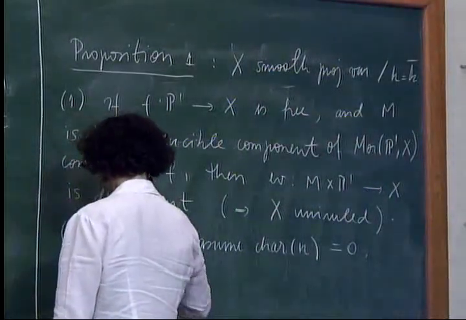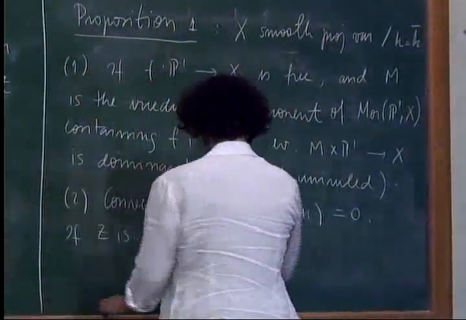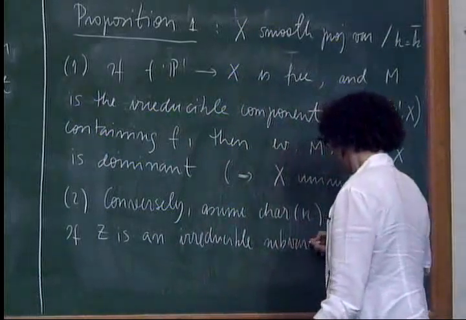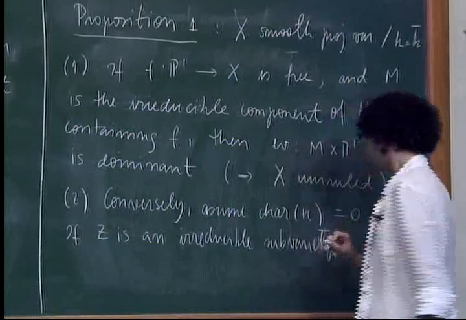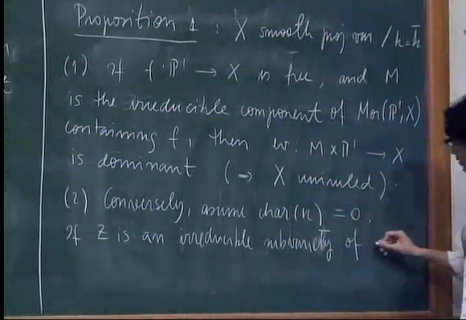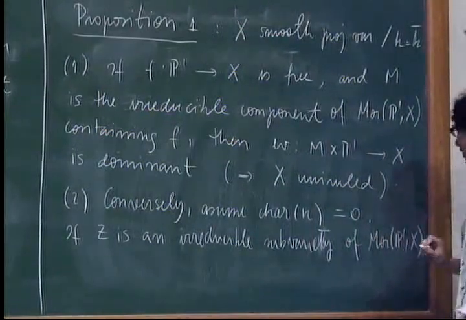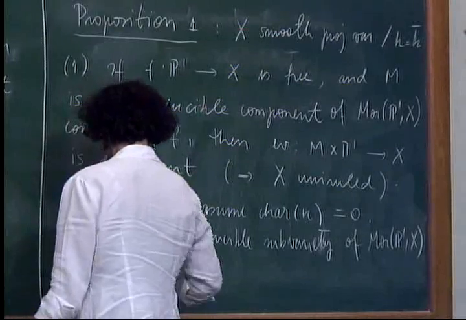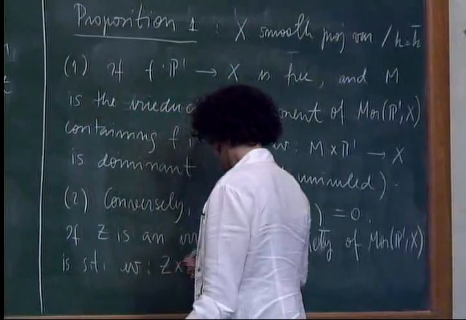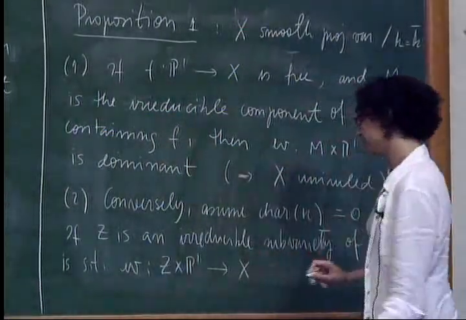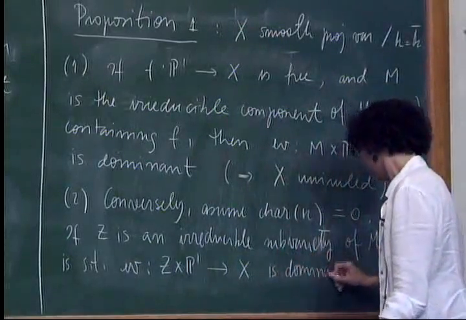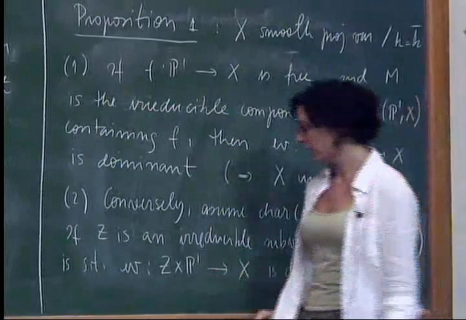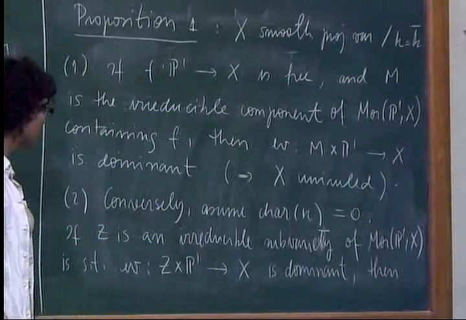Then if Z is an irreducible subvariety of the space of morphisms from P^1 to X such that the corresponding universal morphism is dominant, and that says exactly that X is uniruled, the existence of such an irreducible subvariety.